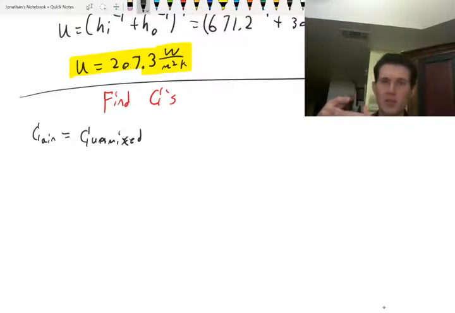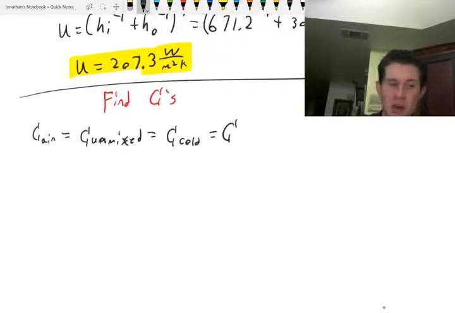So maybe there are some boundaries that keep the air in, but we're going to assume it's unmixed. It's an easier assumption. It will come into play later. And it's also known for the air as the cold. And then we need to know if it's the Cmin or the Cmax. Well, we're not sure yet.